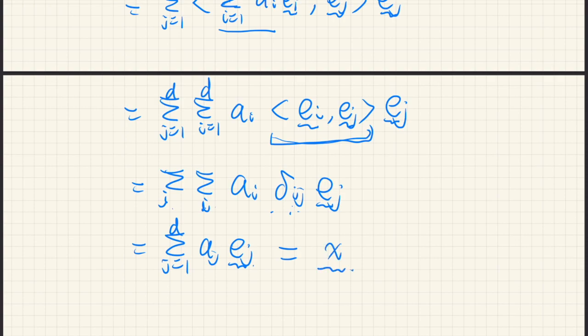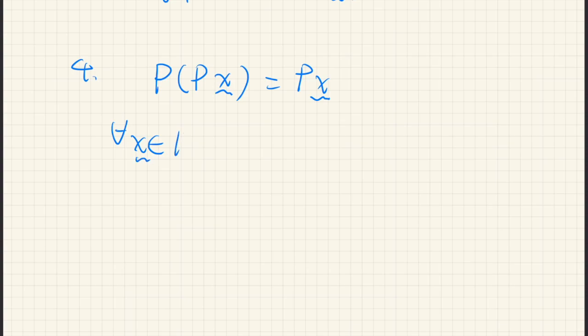Okay, so that's it. And the fourth property is that for any x, if we apply the projection twice, then it is the same as applying the projection only once. And this is very easy to see because for any x in the n-dimensional space, p of x is in M, by the definition.